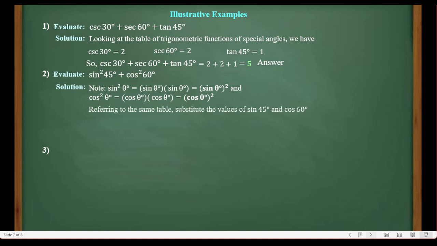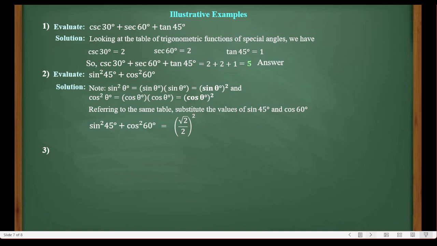And with that, we can answer number 2. So referring to the same table, substitute the value for sine 45 degrees and cosine 60 degrees. Okay? So for sine 45 degrees, that is square root of 2 over 2 quantity squared. Since the first term is being squared, likewise the second term is also being squared.